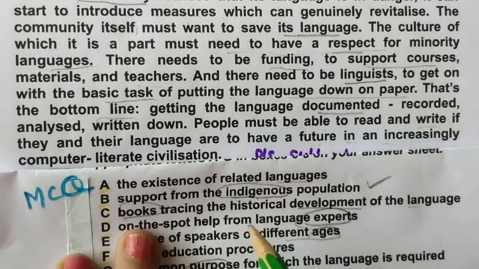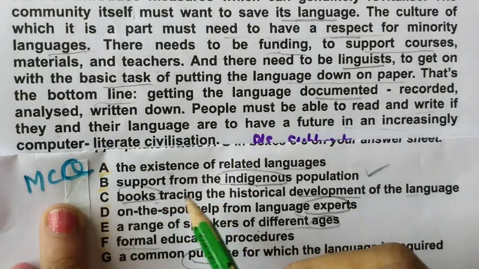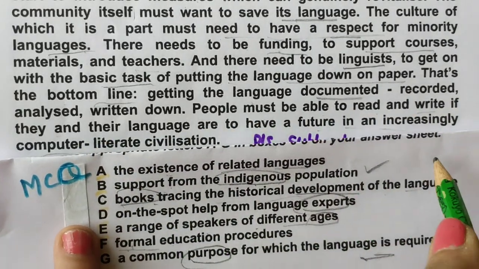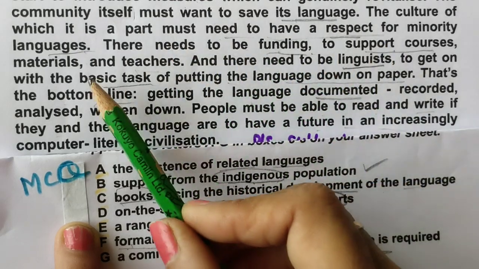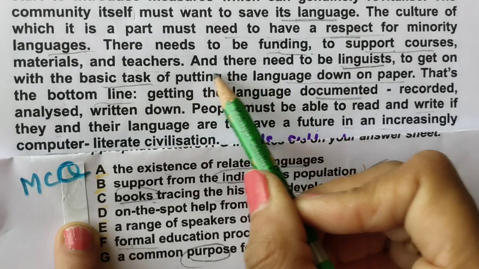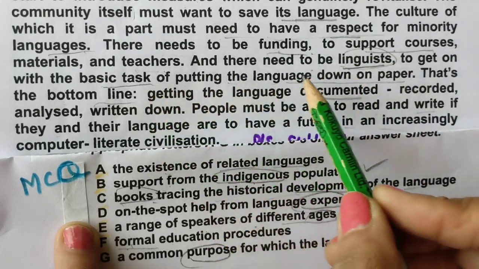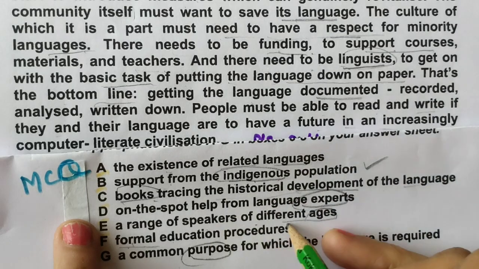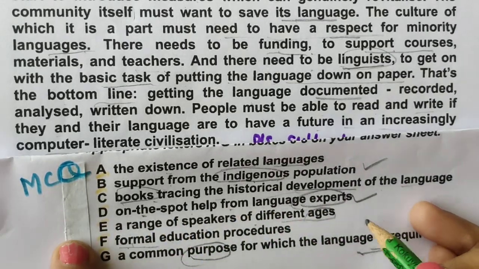This needs to be funding. Now funding, let's find funding. Books tracing the historical development: they are not tracing any books. They need funding, support, courses, material, teachers, and linguists to get on with the basic task of putting the language down on paper. So on the spot help from experts also we can find.